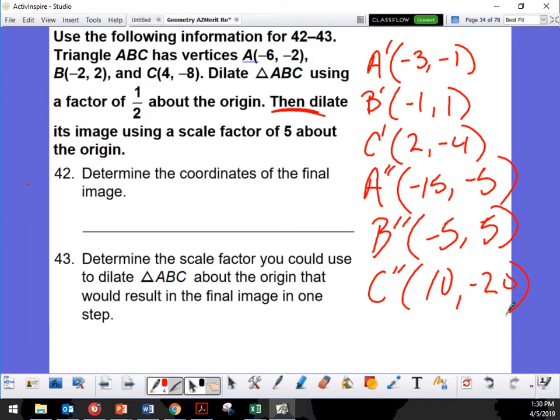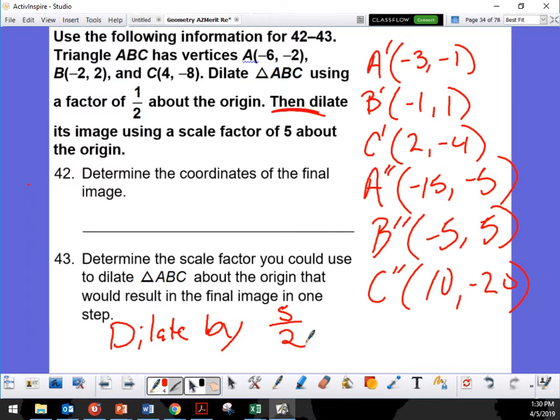Multiply by 2.5 or the fraction of what? Say 5 over 2, right? 5 over 2, it's the same thing. So instead of multiplying by half, then multiplying by 5, I'm going to multiply those two together, which would be 5 over 2. So it would be dilate by 5 over 2.